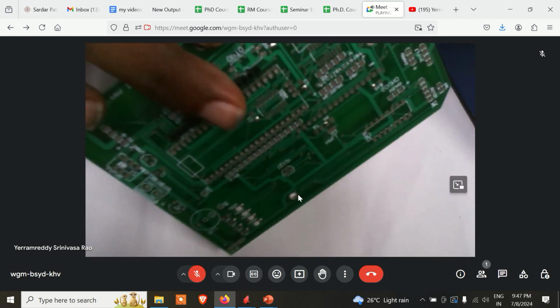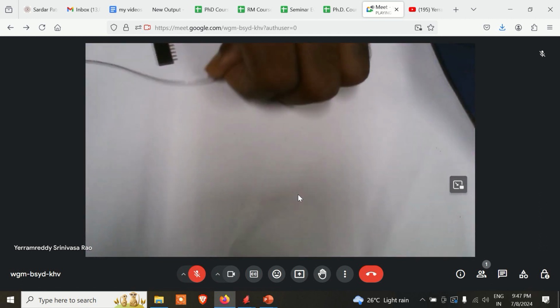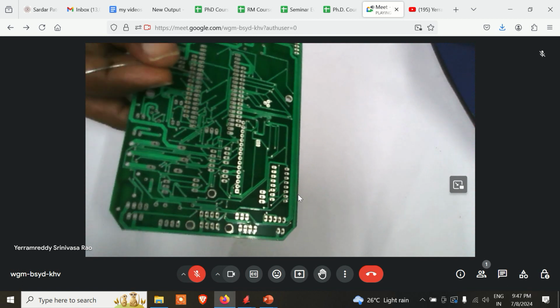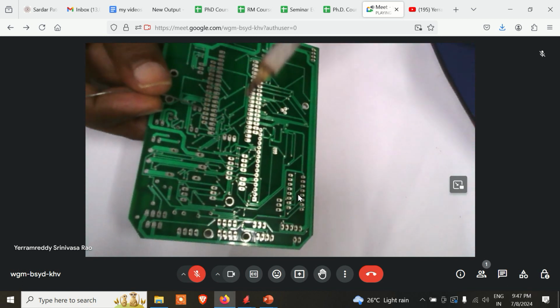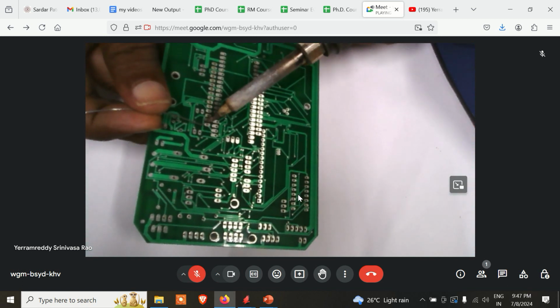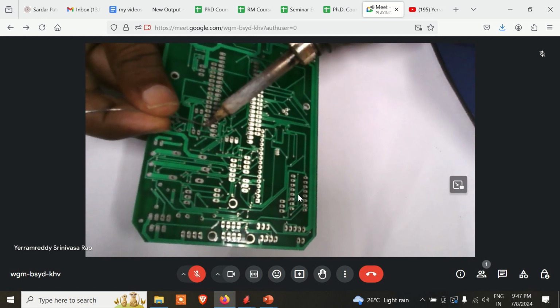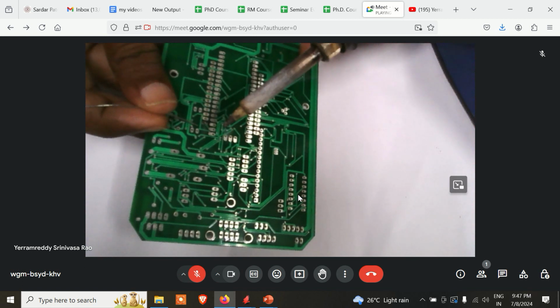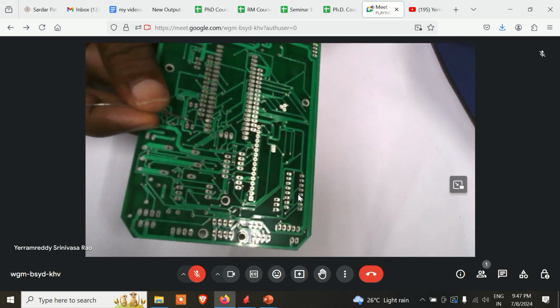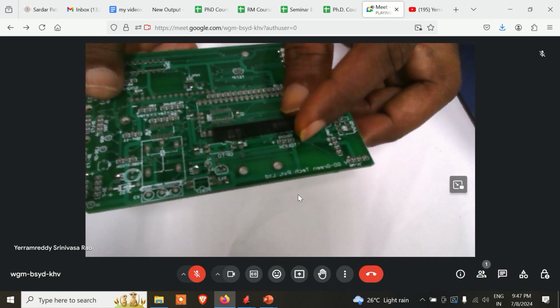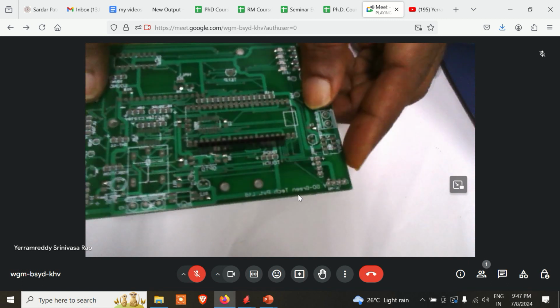Hold the Burg strip with your finger so it does not fall, and then again place the metal and the gun together and heat it. At least solder only one pin. Now you can see it looks straight and it does not fall.